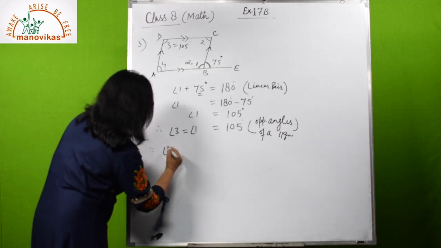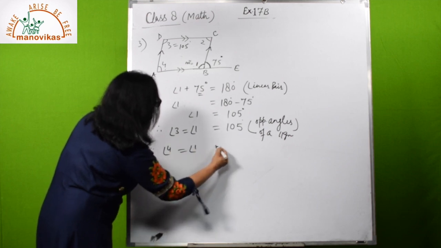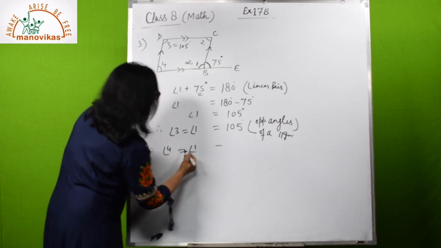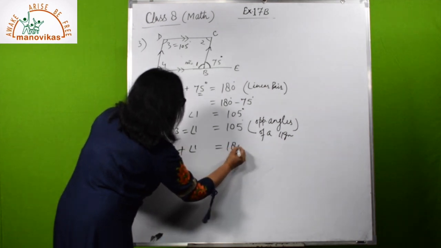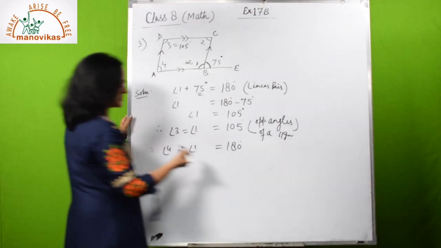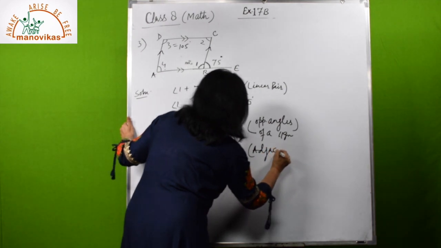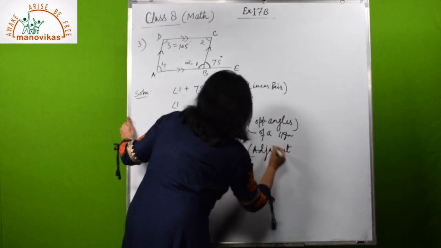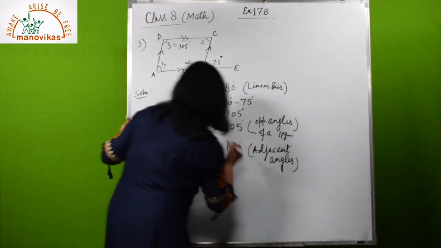Angle 4 plus angle 1 is equal to 180 degree. What's the reason? They are adjacent angles, so their sum is equal to 180 degree. You will write the reason here.